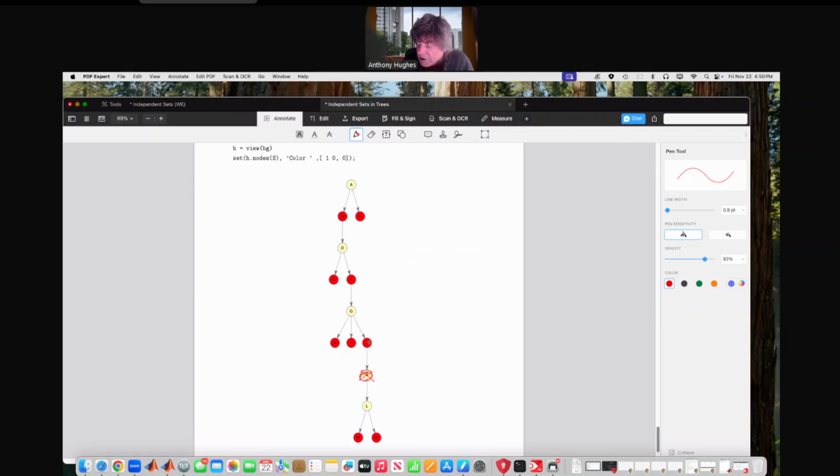If you look here, J could be colored or not colored, because J would get 1 plus its children, which is 2. So 1, this is 2, it's got 2 children, so 1 plus 2 is 3, include, or if I exclude J, I'll just get this one, and this is 3.